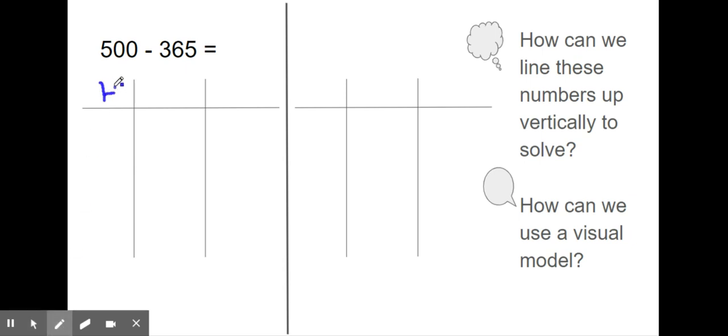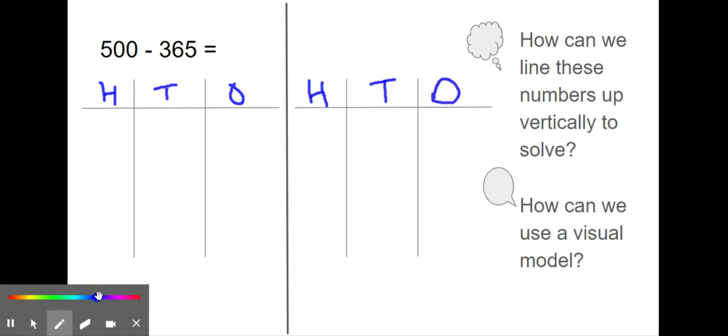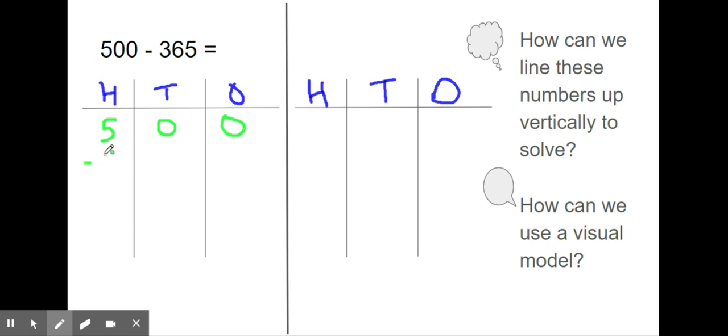So I'm going to put my hundreds, tens, and ones. Okay. So let me first make sure I line up my subtraction problem. So 500 minus 365.